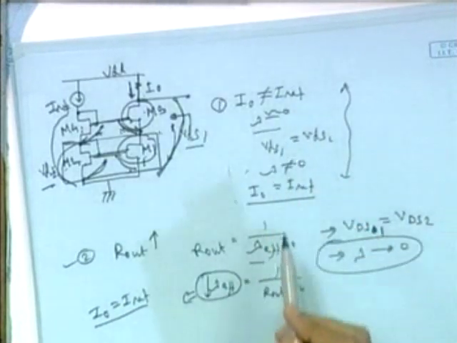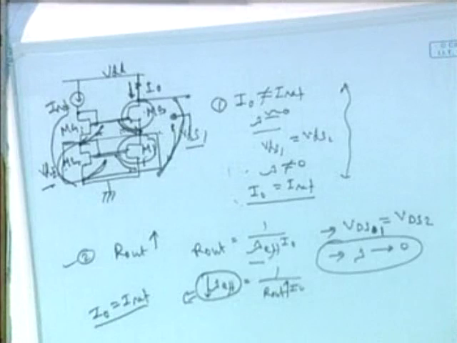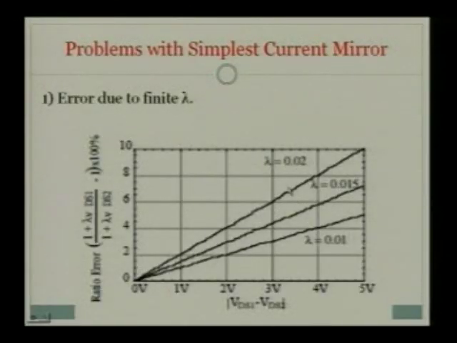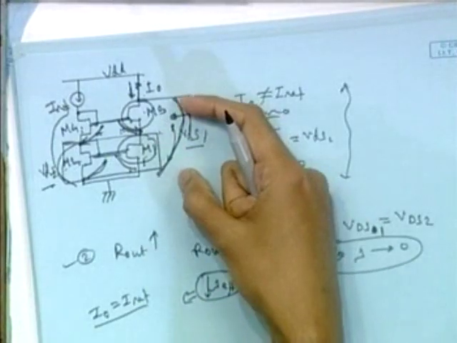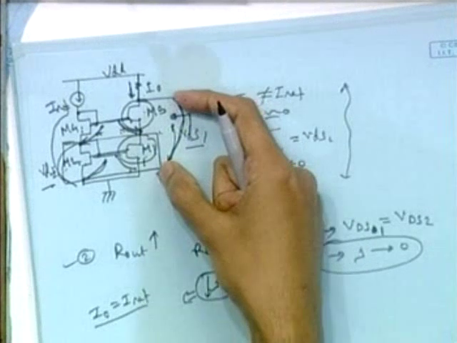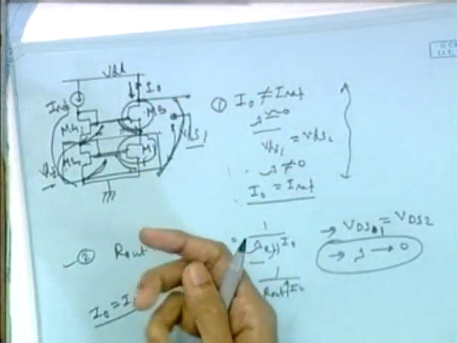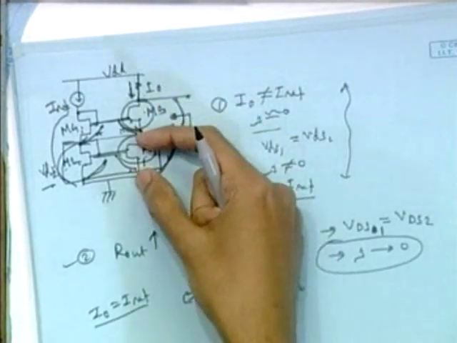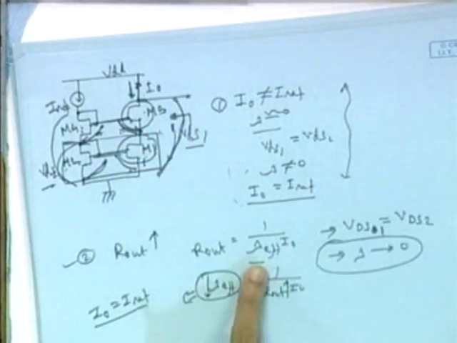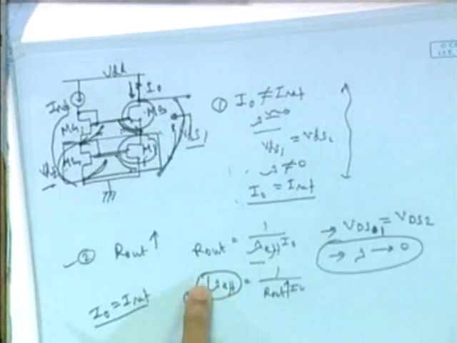The second explanation means that we have this graph. If we can make lambda very small, we can reduce the error. Now this lambda is the lambda for a particular transistor. So here we are cascading these 2 transistors and measuring the effective lambda between these 2 ports. Cascading means higher output resistance, much higher than the single-transistor output resistance, and Rout can be expressed in this fashion. So the effective lambda will be decreased.